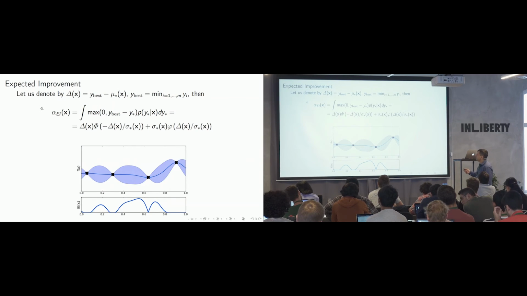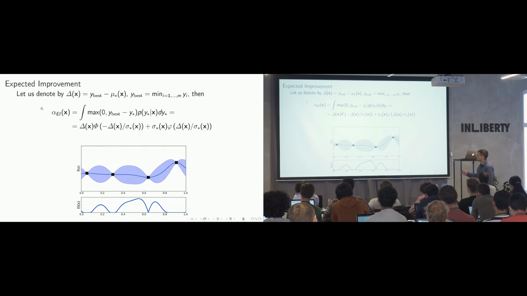But because the actual value of the process is uncertain, we know the posterior distribution of this value of the process at the new point x star. So we calculate a maximum between 0 and this difference, because if this difference is negative, we don't care about it.